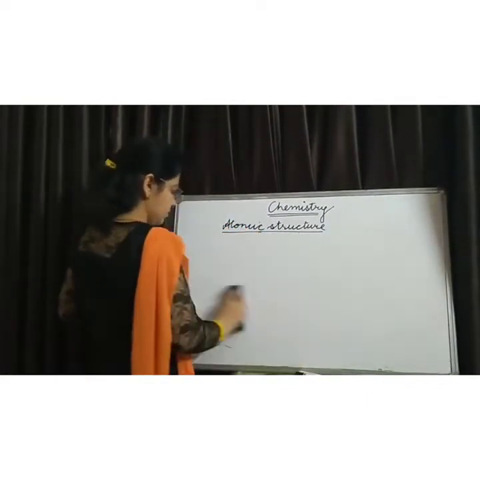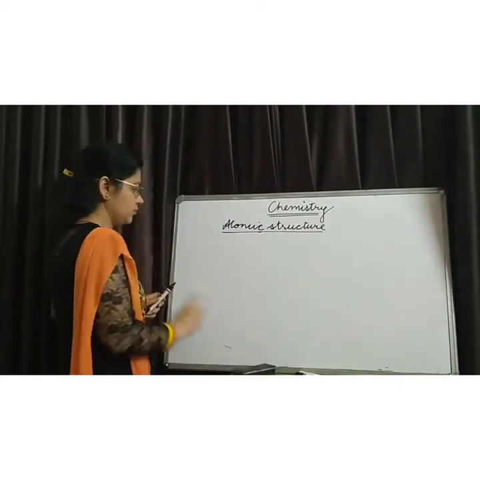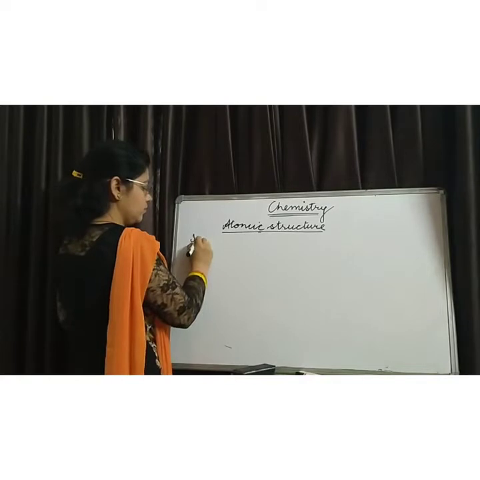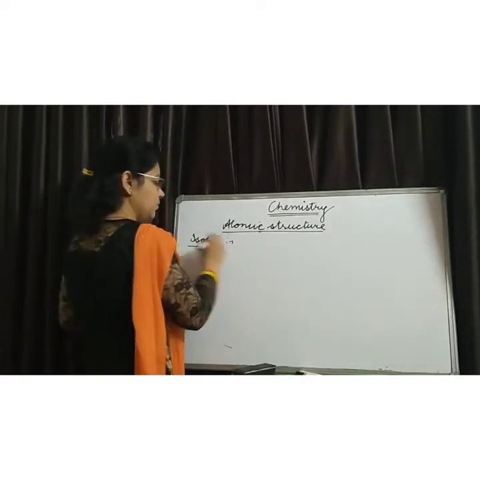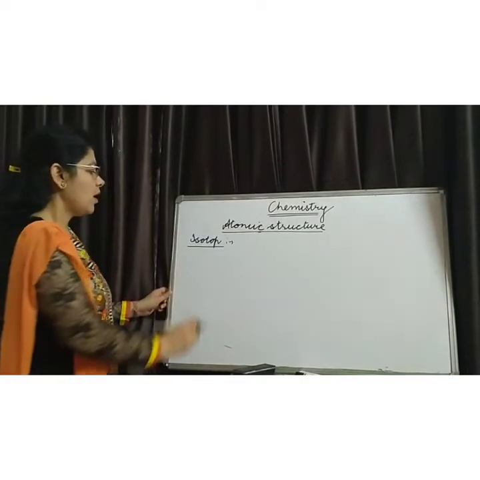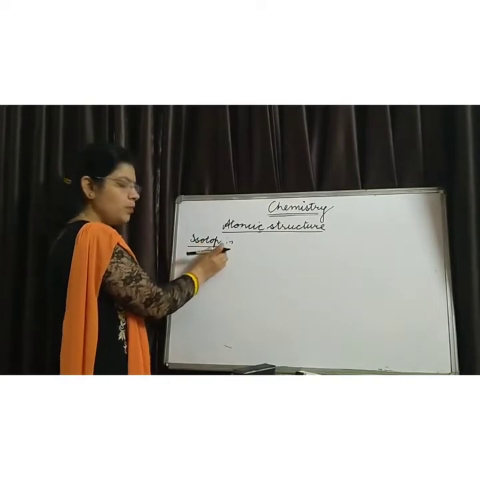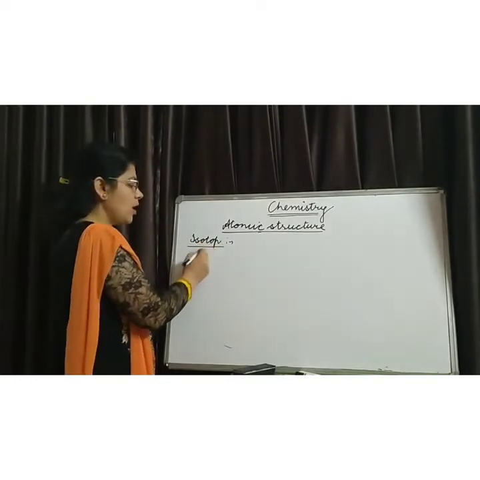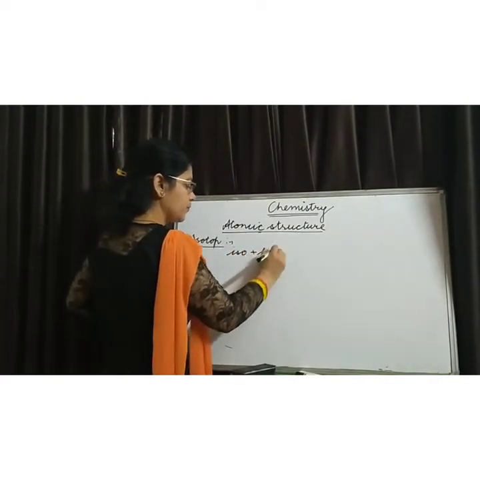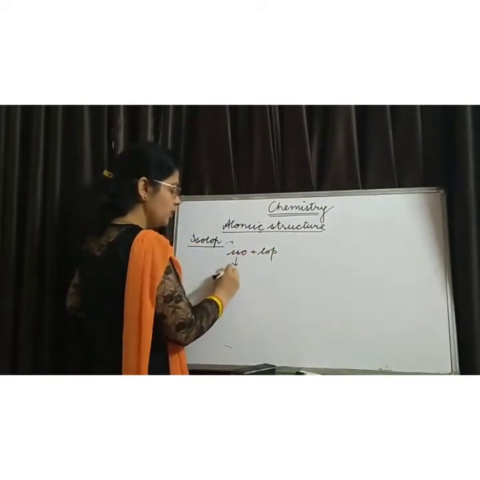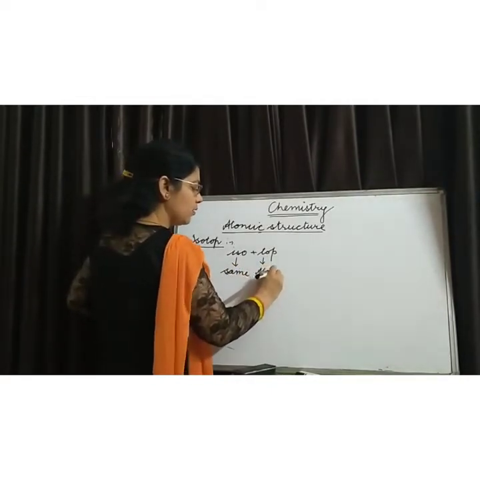Next is isotopes. What do you mean by isotope? The word isotope is made up of the two words iso plus tope. The word iso means same and tope means atomic number.